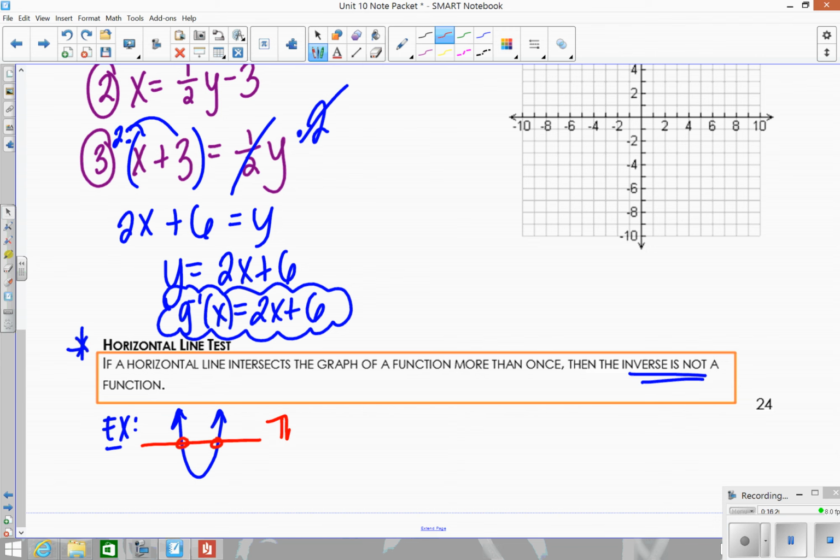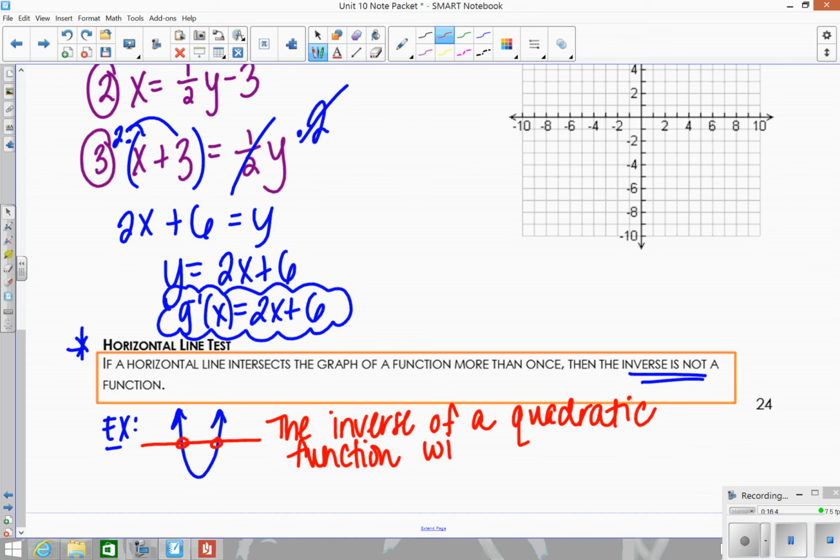The inverse of a quadratic function will not be a function. So you wouldn't be able to use that function notation for inverses.